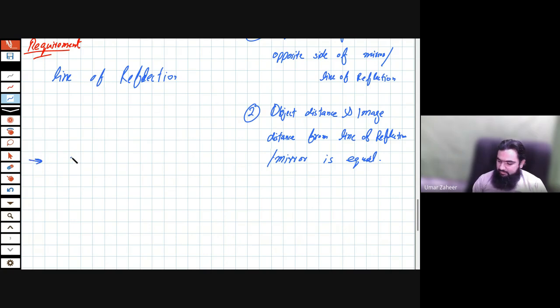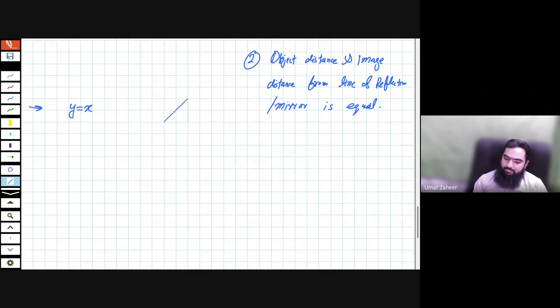You have to know very specific types of reflection lines. The first line is y equals x. This is a line that moves upward from left to right. The second type is y equals minus x. This line moves downward from left to right.